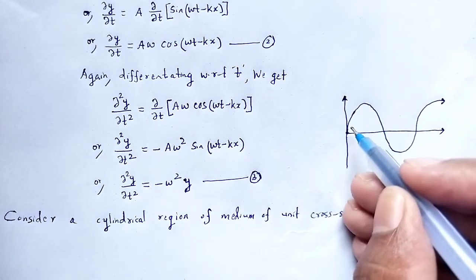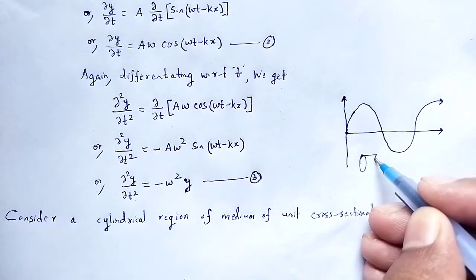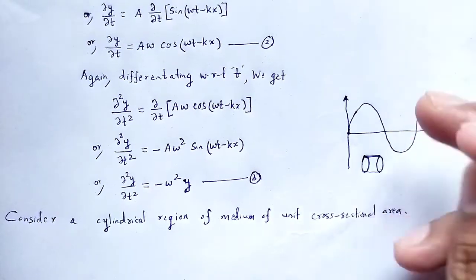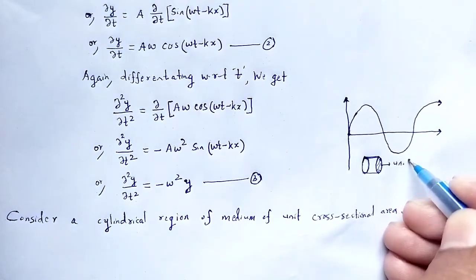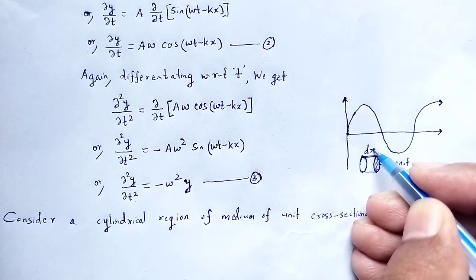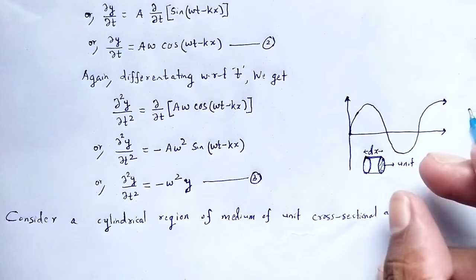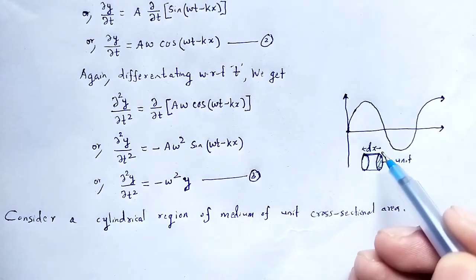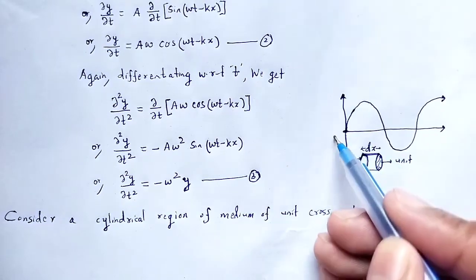If we take a cylindrical region here, where the cross section is unit cross section, and the thickness is dx, dx is the thickness of the cylinder which is at a distance x from the source.